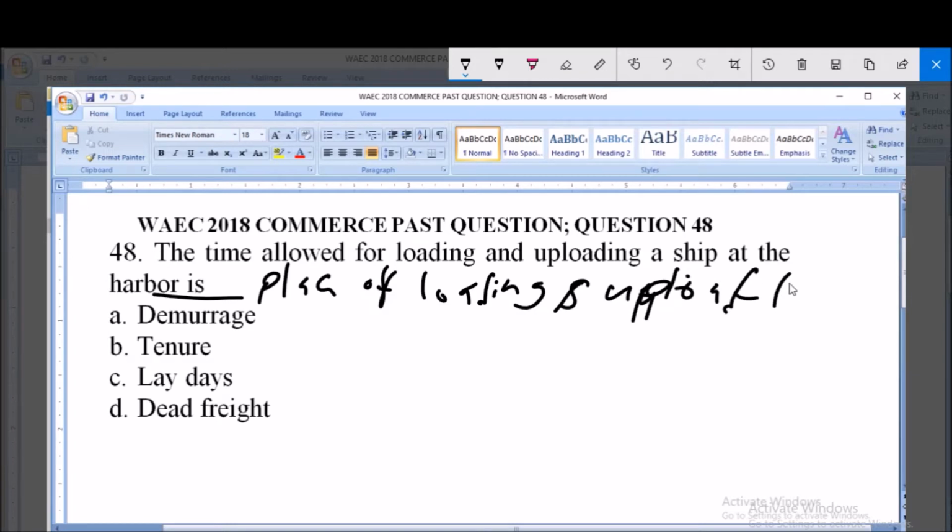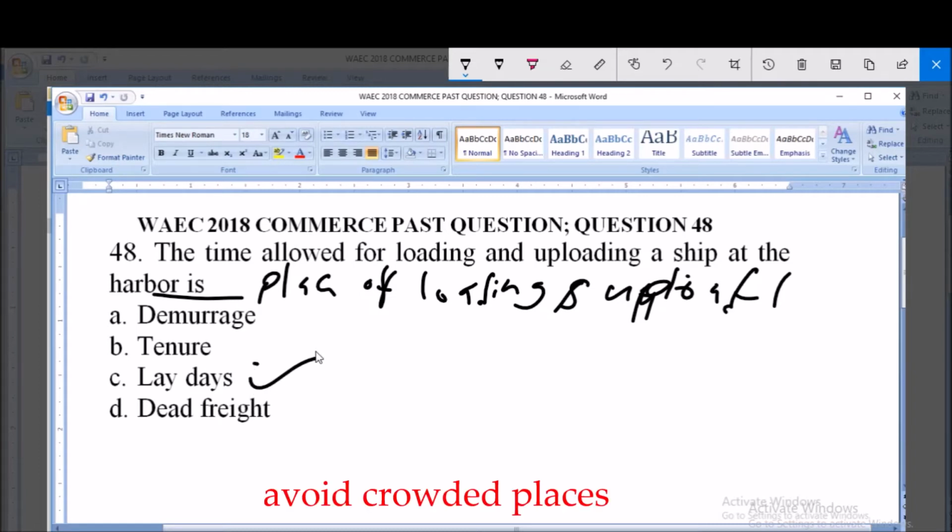Okay. Then A, the mortgage, B, tenor, C, lay days, D, dead freight. The correct option here is lay days.